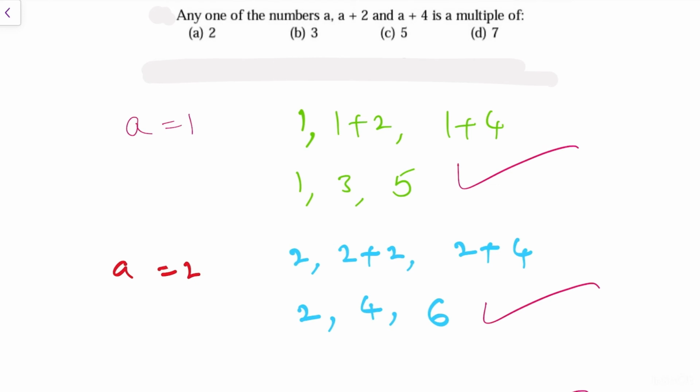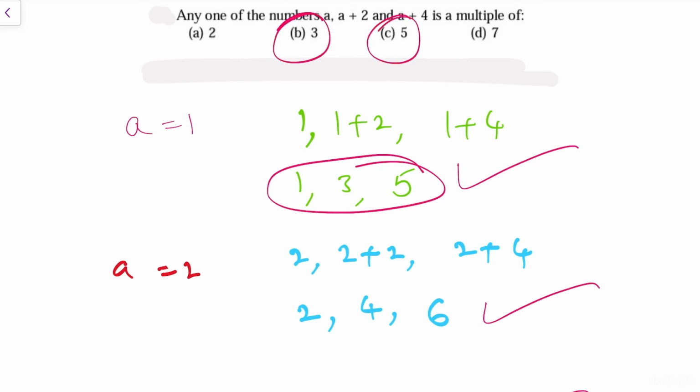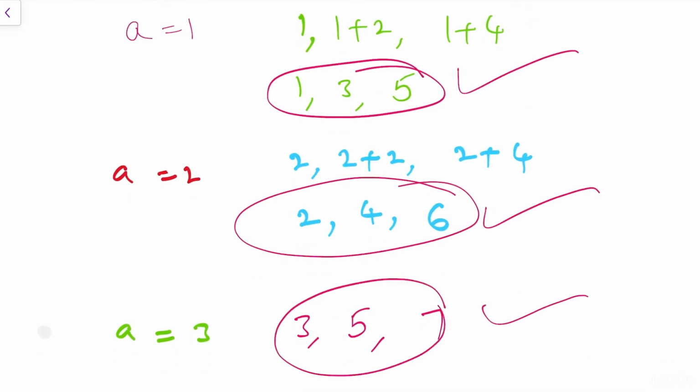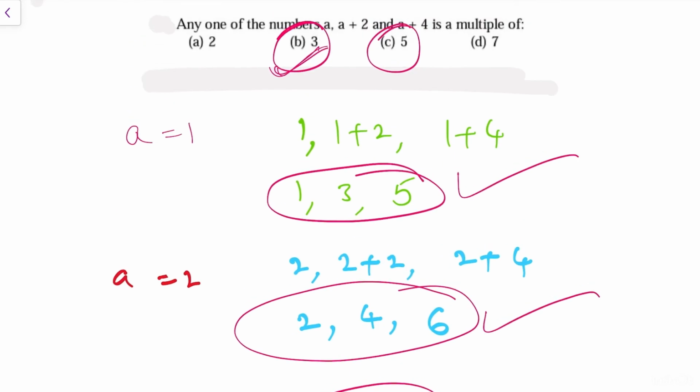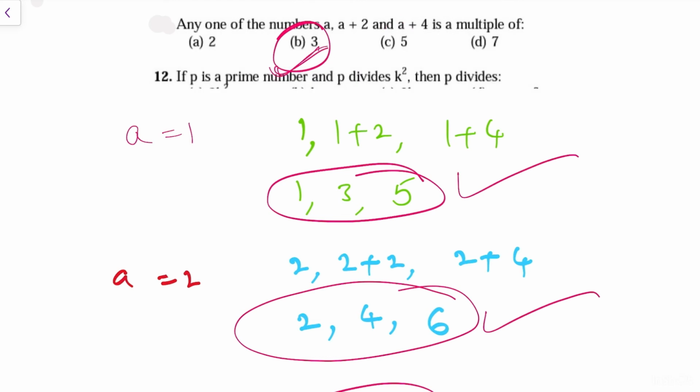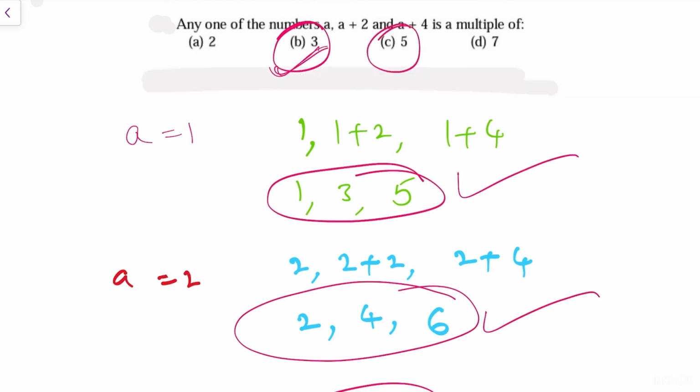For 1, 3, 5, from the options, we can conclude it is divisible by 3 or else 5 only. For 2, 4, 6, out of 3 and 5, only 3 divides these numbers. In the last case 3, 5, 7, again 3 only divides. So I can say that any one of the numbers A plus 2, A plus 4 is a multiple of 3 only. That is option B, the correct option.